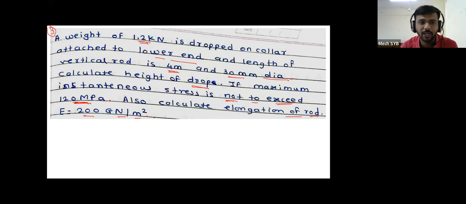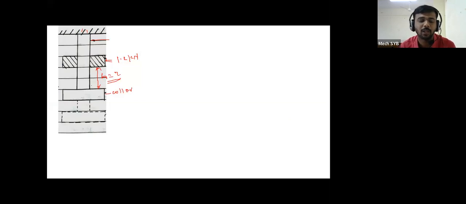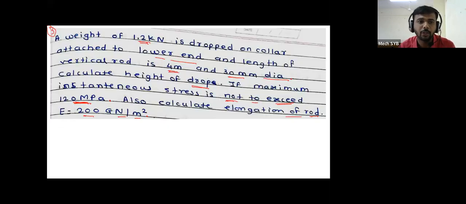This 120 megapascal represents the maximum limit of this rod. This rod or collar can sustain stress up to 120 megapascal or 120 Newton per mm square.